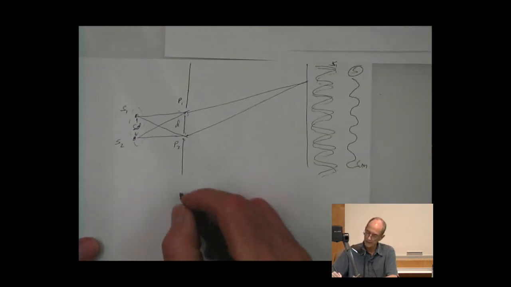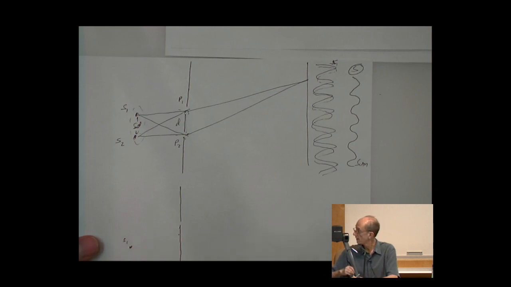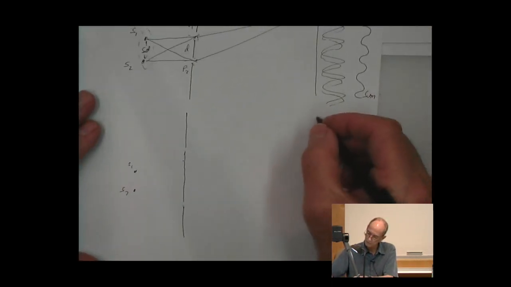Now, what if we had the same setup, but we increase this separation distance out here like that? We have the same source located here, S1 and S2, and the screen's out here.